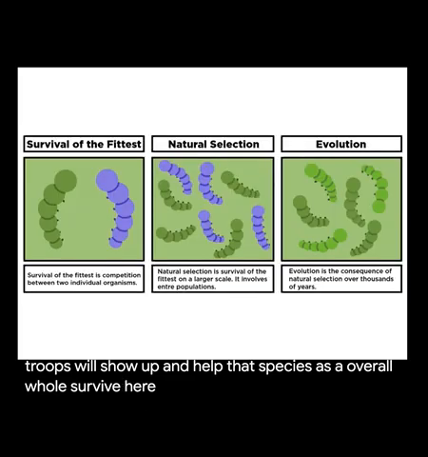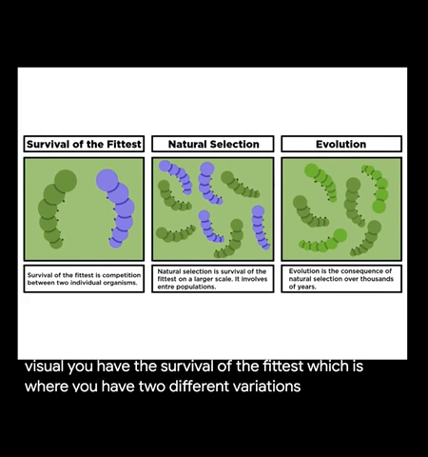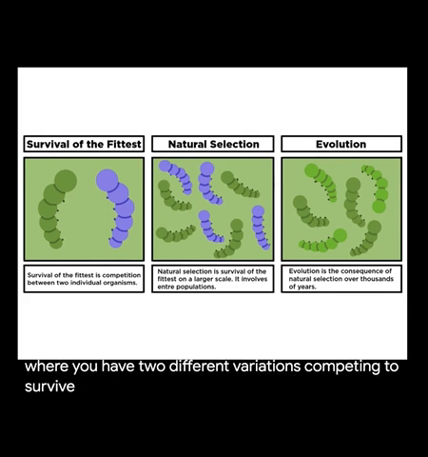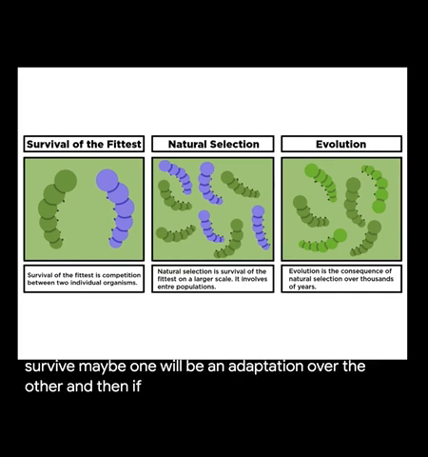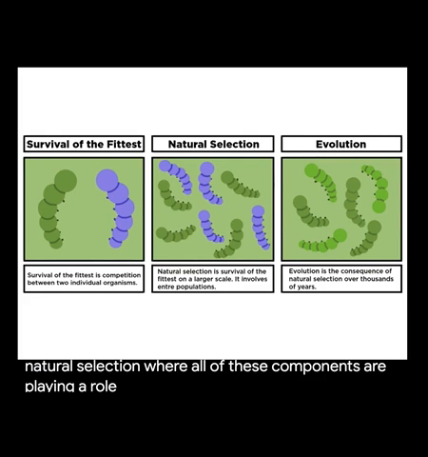So here you see it broken down into a visual. You have the survival of the fittest, where two different variations are competing to survive. Maybe one will be an adaptation over the other. If you look at that bigger, we call that natural selection, where all of these components play a role in helping those organisms survive.